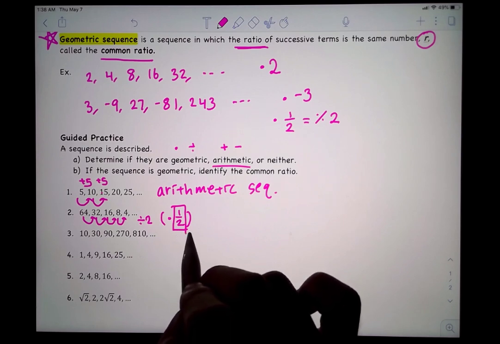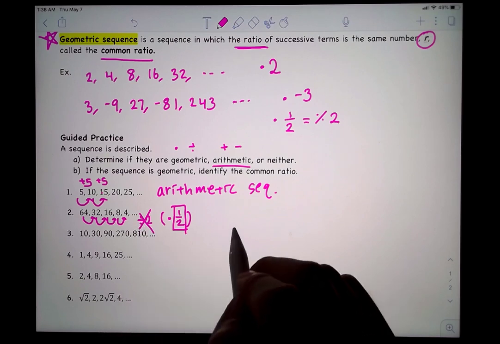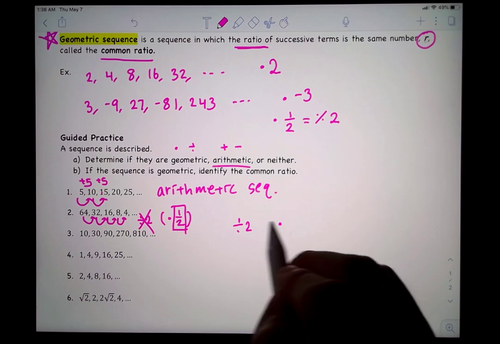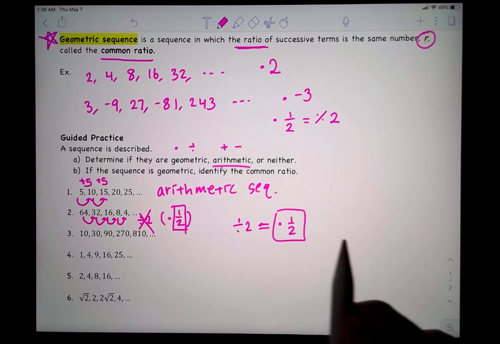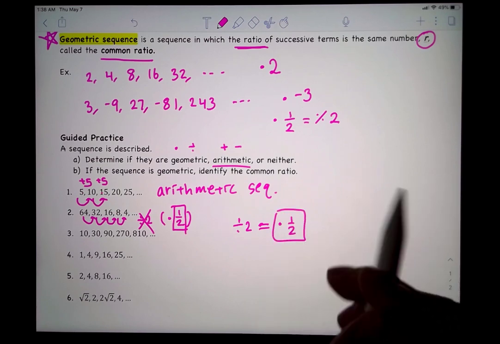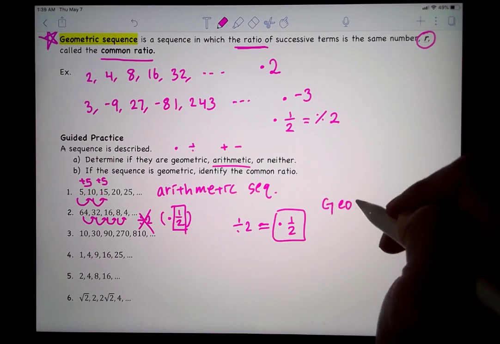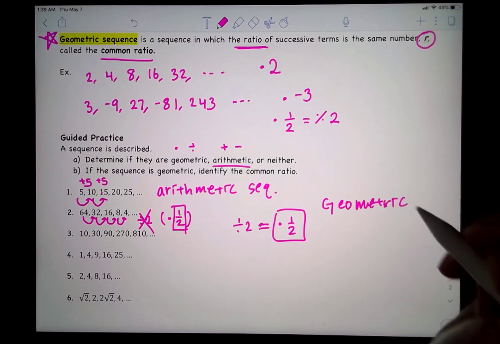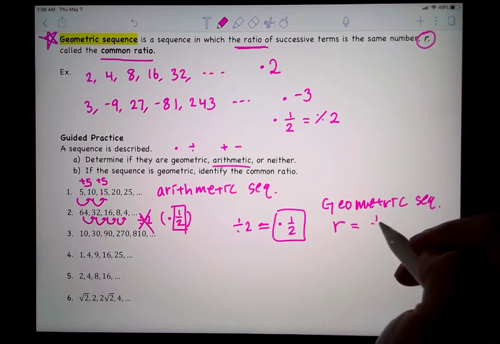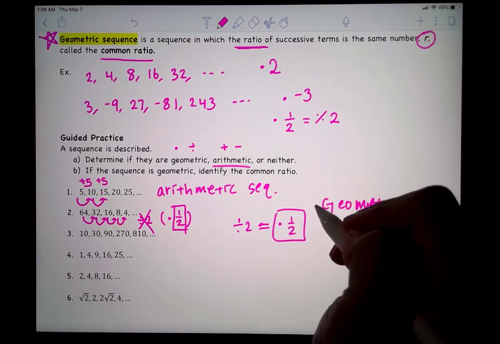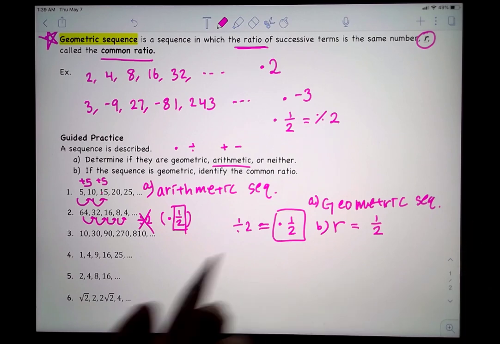That number will be your common ratio. So this is geometric because you keep multiplying by 1 over 2, right? So geometric sequence and common ratio R equals 1 over 2. That's the answer for A, and that's the answer for B.